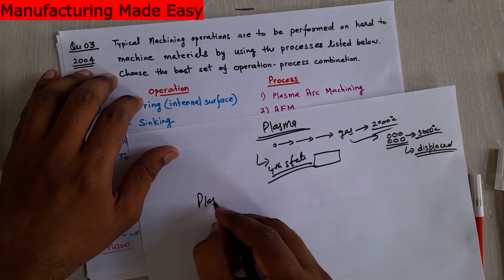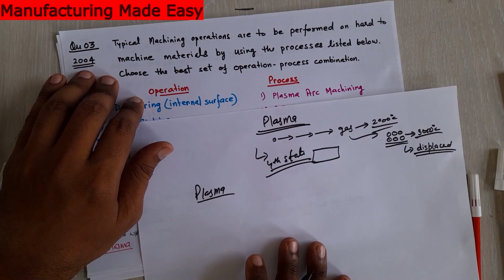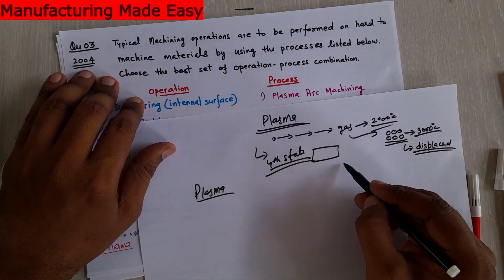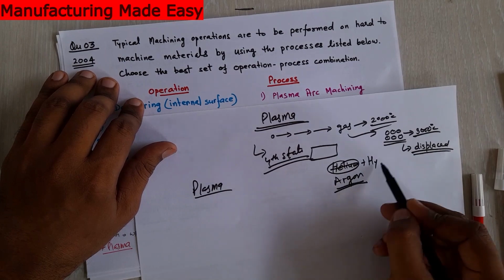And plasma arc machining. What is plasma arc machining? A high velocity gas. For plasma we generally use gases like argon and hydrogen.